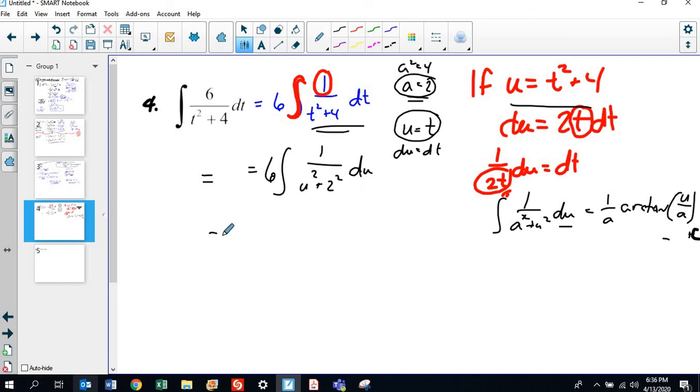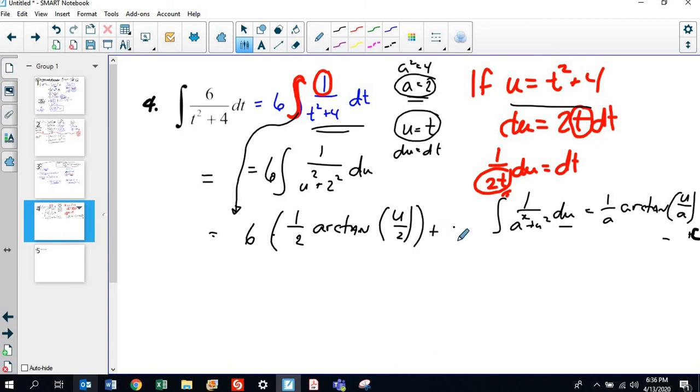If you know the formulas and recognize the formula, you can go straight down and you don't even have to do u substitution for this particular problem, but just in case. So what's the rule? The rule is 1 over a, with a equal to 2, arctan of u over a plus c.